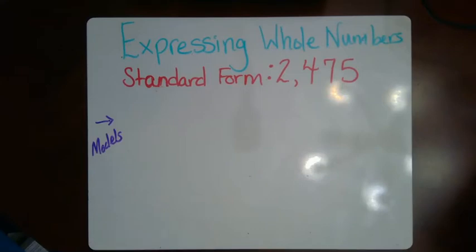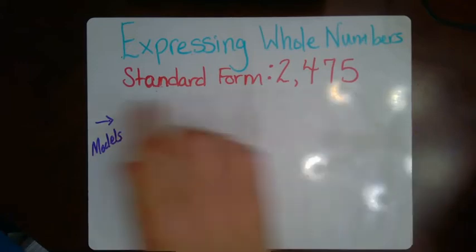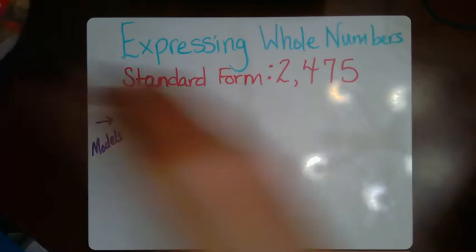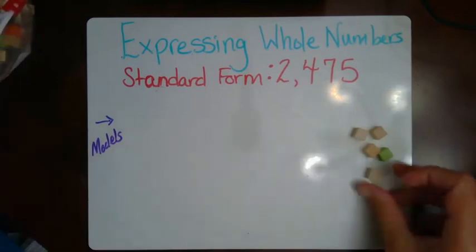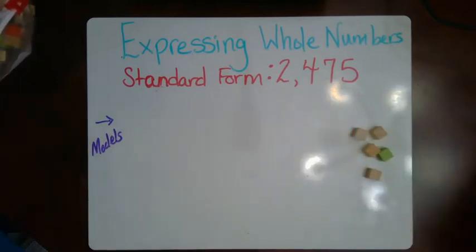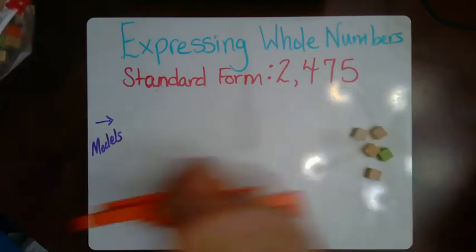We can also show or express numbers using models. There's a couple of ways that you can do that. You can use models like place value blocks. So for example, I'm going to start with my 5. My 5 is worth 5 ones. Then I'm going to go to my 7. My 7 is worth 7 tens.